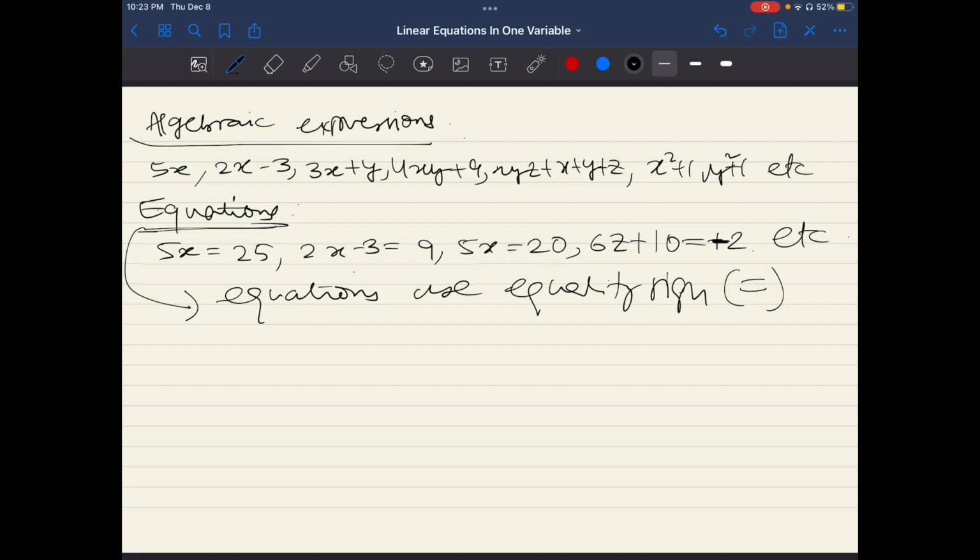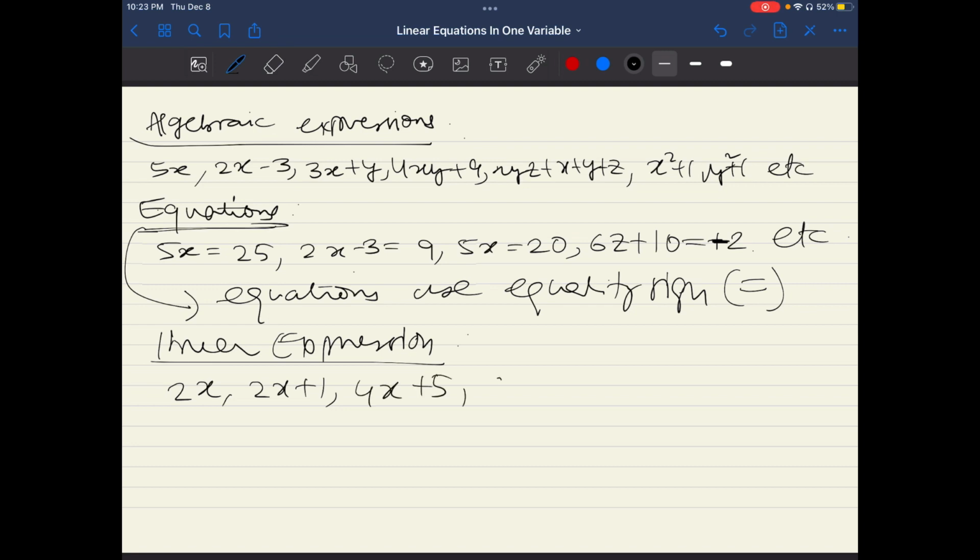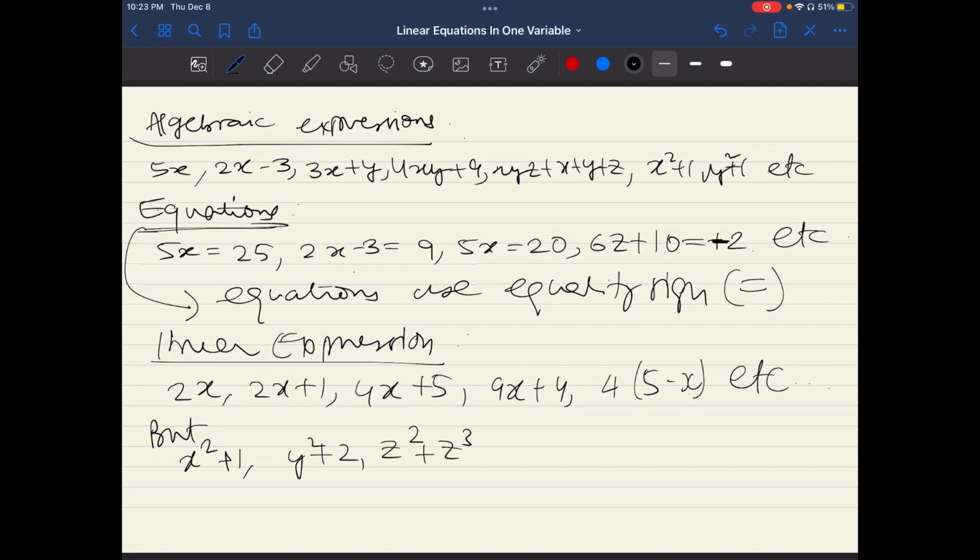And now let's talk about linear expressions. So a linear expression would look something like this: 2x, 2x plus 1, 4x plus 5, 9x plus 4, 4 times 5 minus x, etc. But if we were to look at x squared plus 1, y squared plus 2, z squared plus z cubed, etc., these are not linear, as the power is greater than 1.